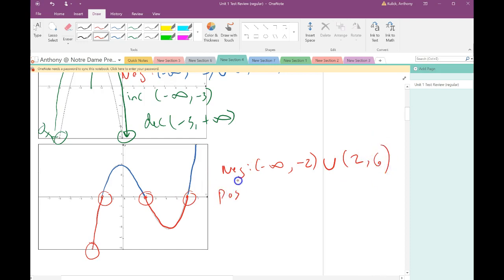And then the positive parts, so it starts at -2 and goes to +2, right? So the positive part is right here, right? And then we have the union, and we start at this spot, 6, and we go all the way to positive infinity.